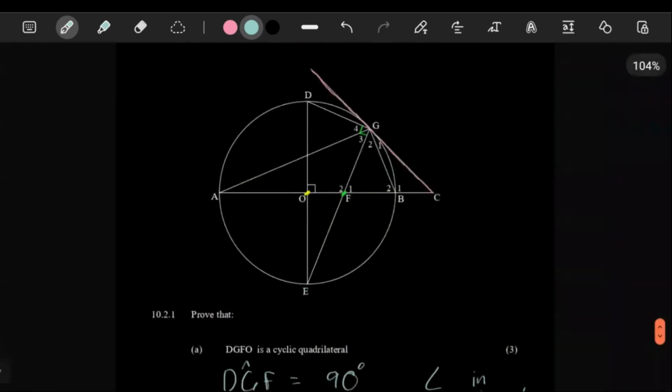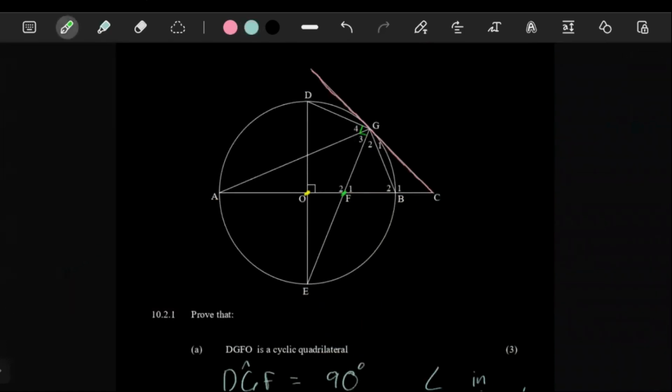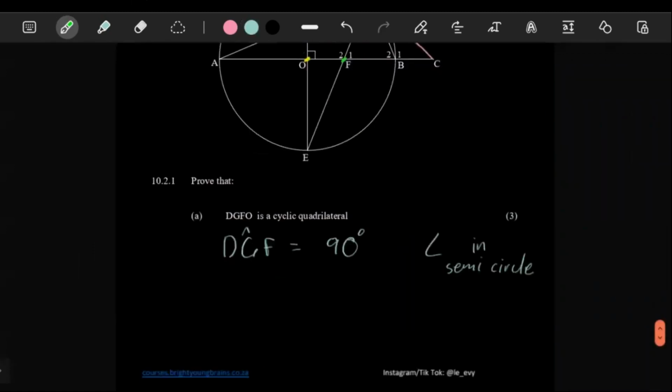Now that you've stated that this is equal to 90, this is also equal to 90, that's a given. DOF is equal to 90, that's a given.